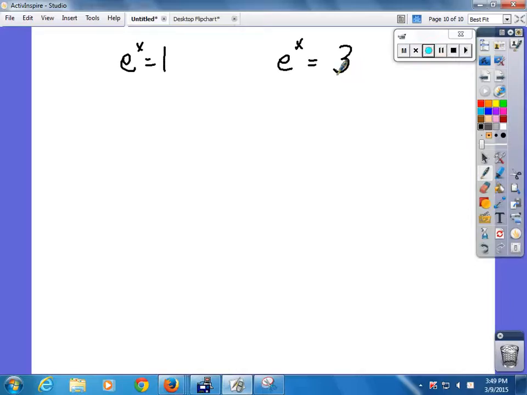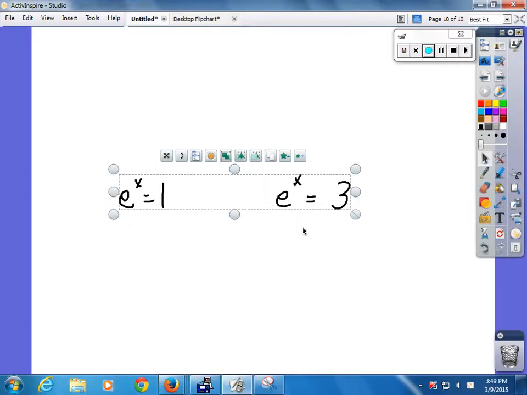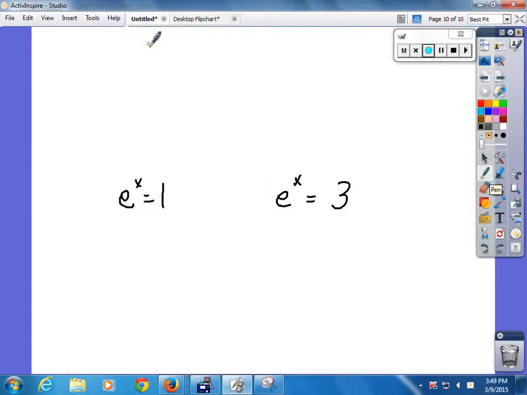And that is, when you take the natural log of both sides, and write this down. I want you to write it down because I want you to remember. Natural log of e to the x is equal to x.